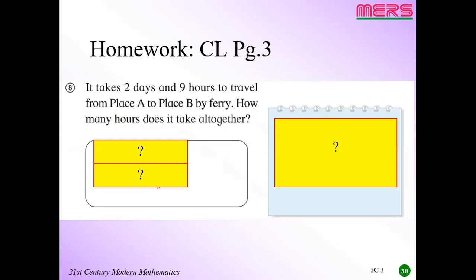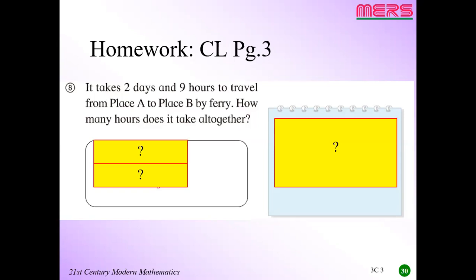Okay, so for this part, we will do some instructions on our homework. You may find the homework copy online. Question number 8. For your classroom learning homework, page 3. Question number 8.